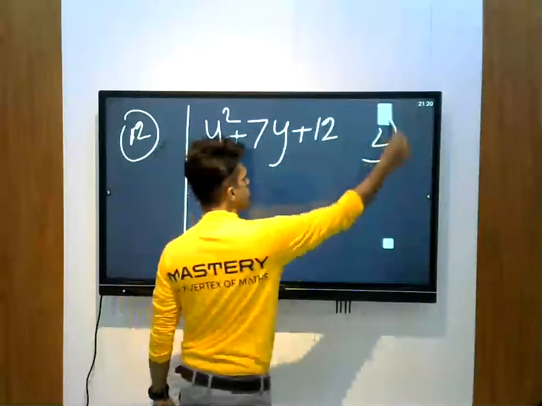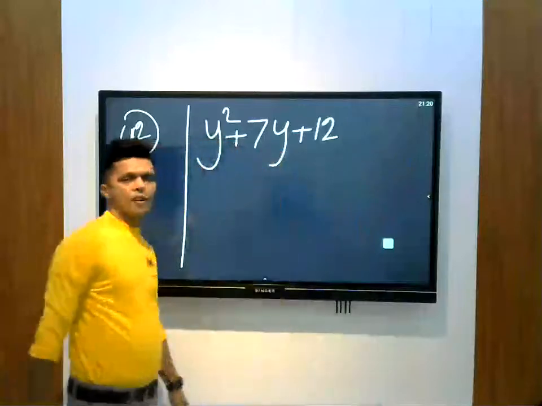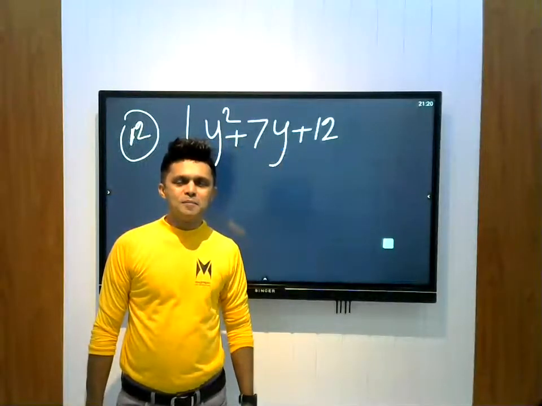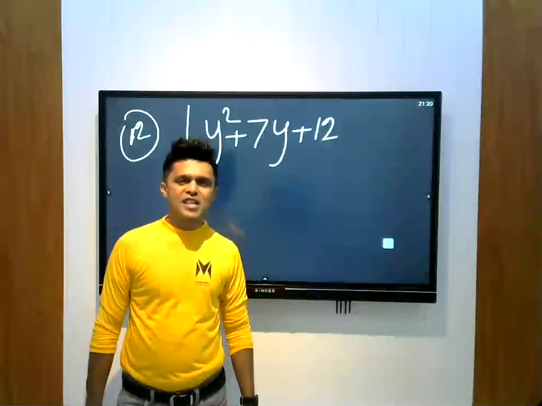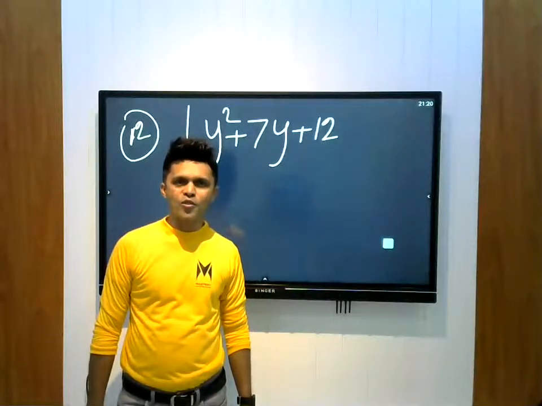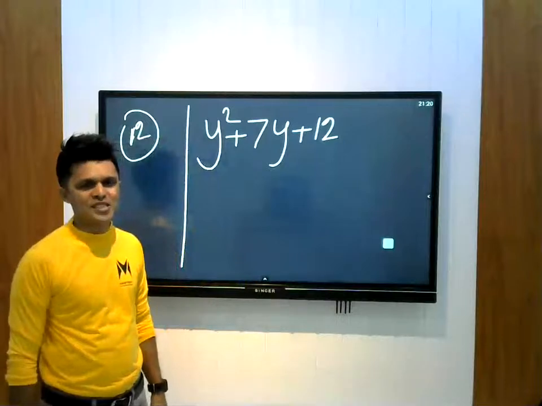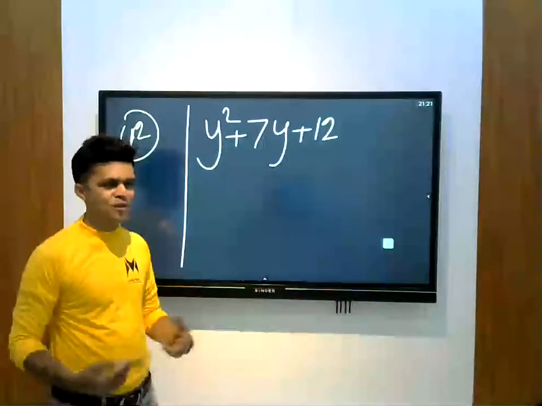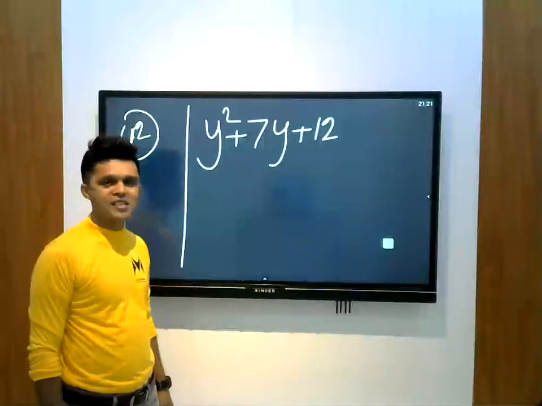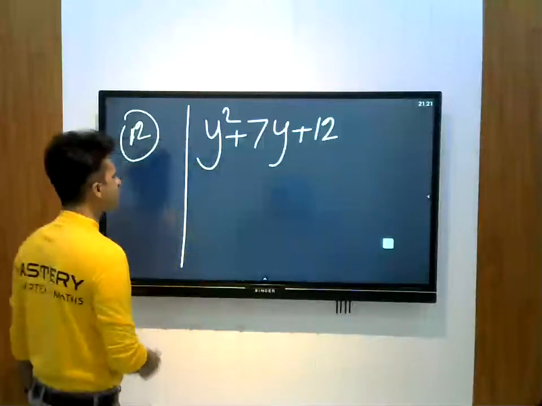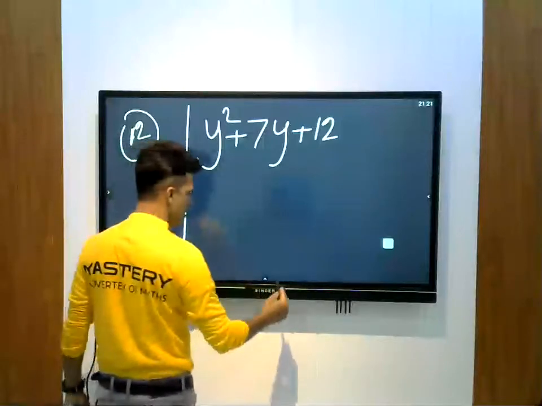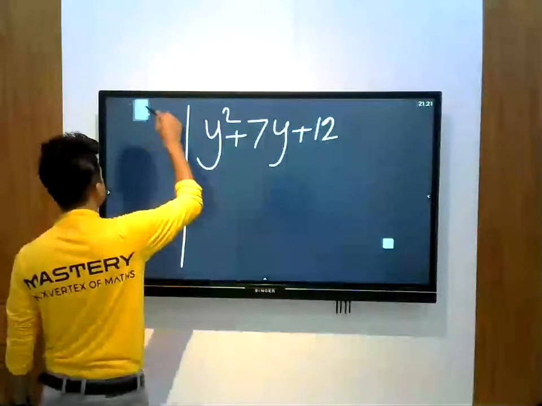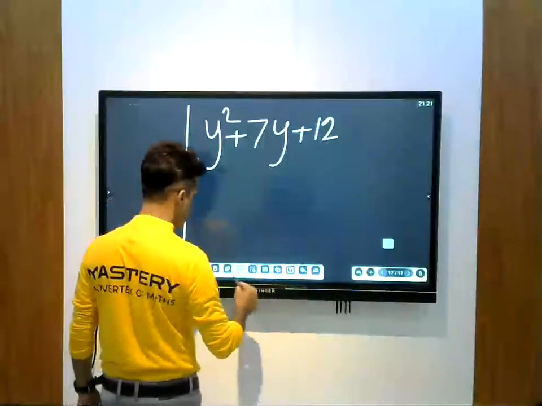But bear in mind, the multiplication table should be known, right? Otherwise you will never do these types of sums. Anyway, I assume that you are able to remember multiplication tables. Take the factors of 12 so that you can get 7.